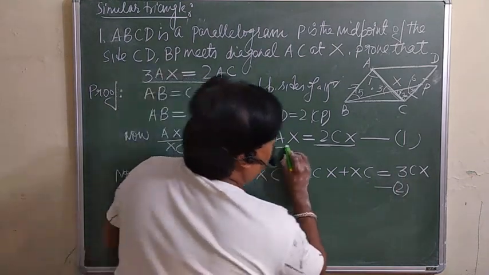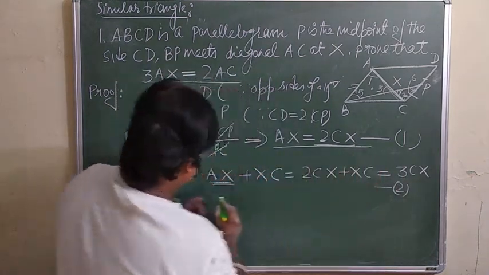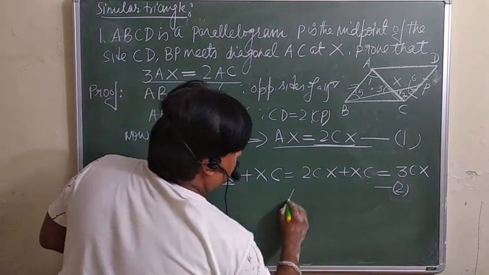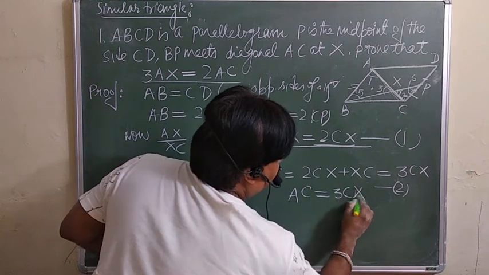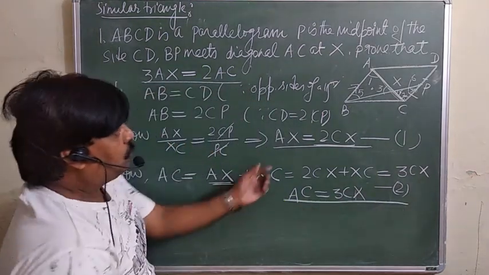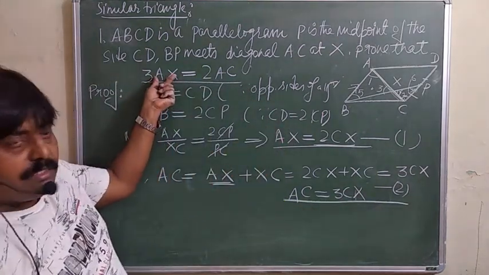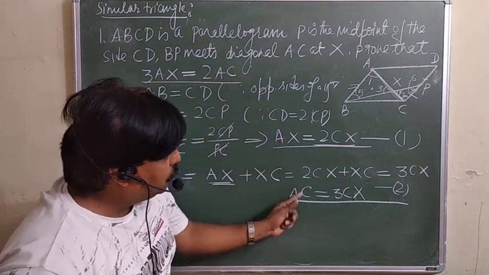So in equation 1 you are getting AX is equal to 2CX, and in equation 2 you can say AC is equal to 3CX. Now you can take the ratio, because we want AX and AC. Now you can take the ratio of these 1 and 2.